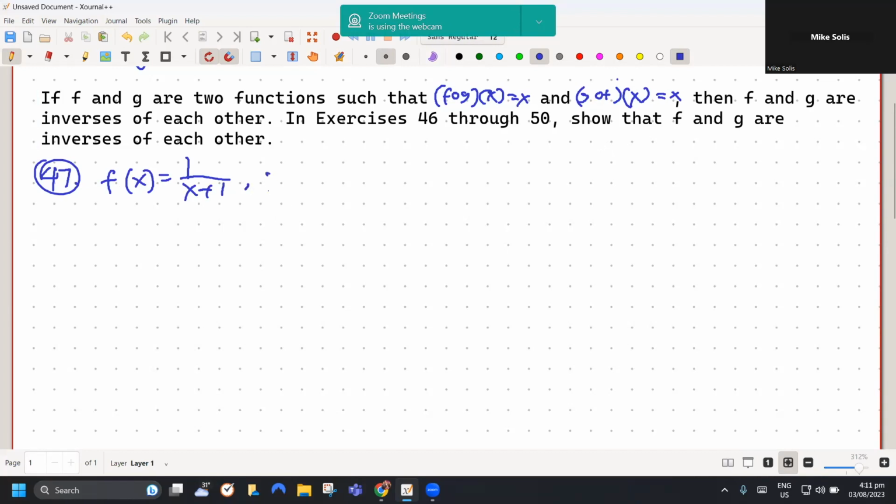And g of x is equal to 1 minus x over x. Okay, so here, yung pwede mong gawin, you can calculate f circle g and g circle f.